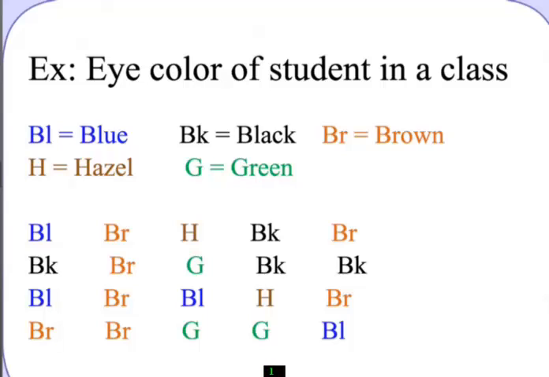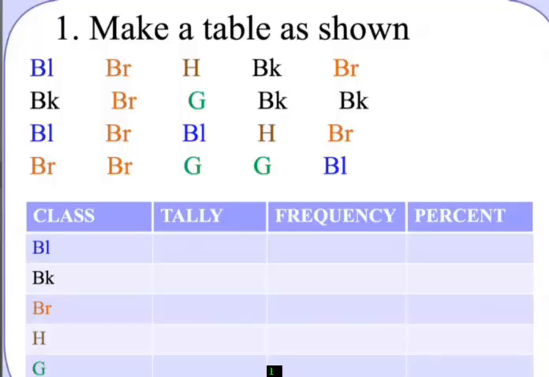So I have collected the data. Now I need to put it into some type of way of organizing it so that eventually I can present it to someone else, because right now it looks a little scattered. So the first step I'm going to do is make a table just as the one shown here.